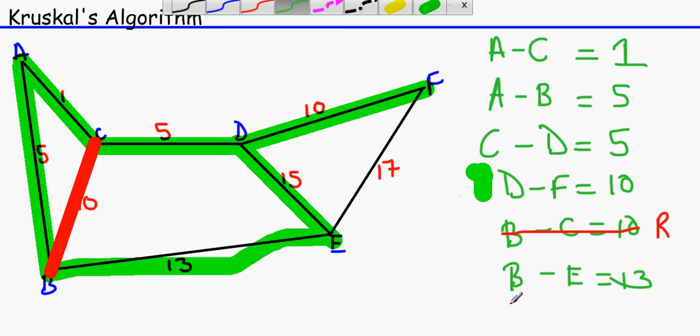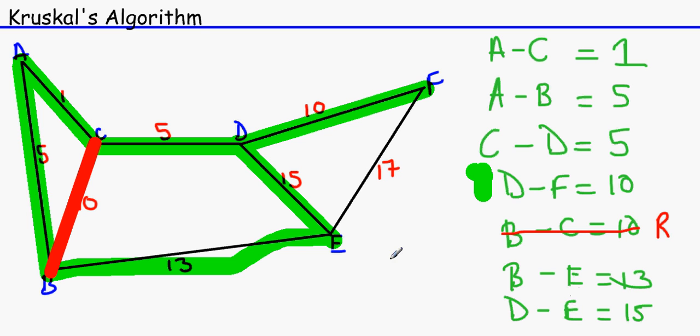But no, that is not a correct choice, because that is going to create a cycle over here. Okay, you must be very careful in decision maths. So you've got to do that, make a big no-no.